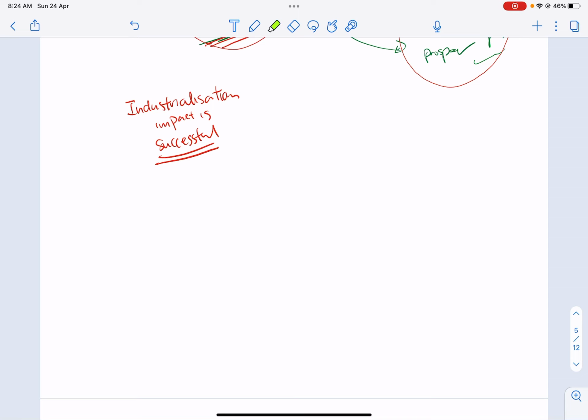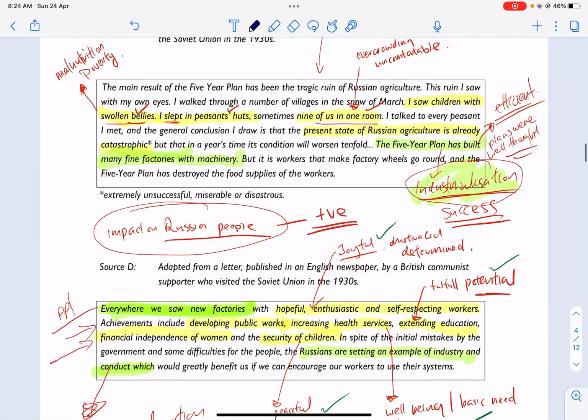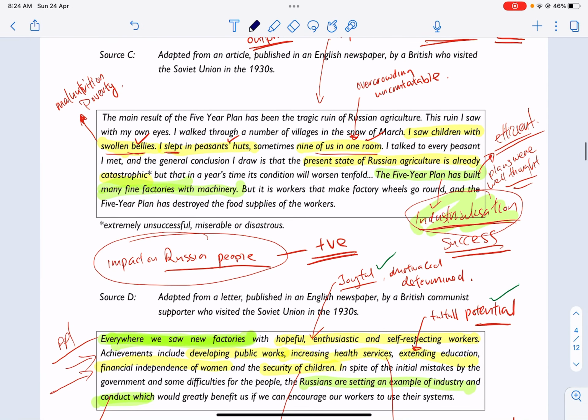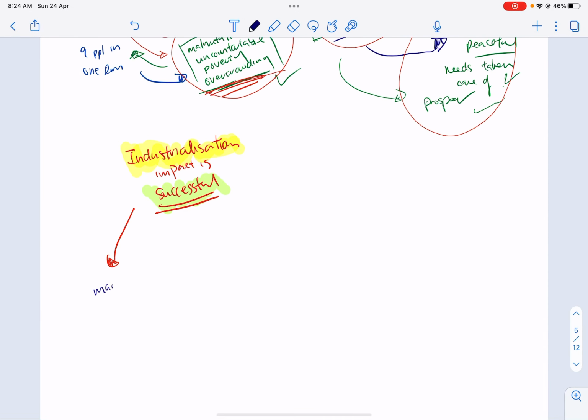So immediately I can write down my point here, and my BOC is about industrialization. My conclusion about industrialization is it is successful. Now circle of life, evidence. What's the evidence of C? Evidence of C is many fine factories. You see, many fine factories.